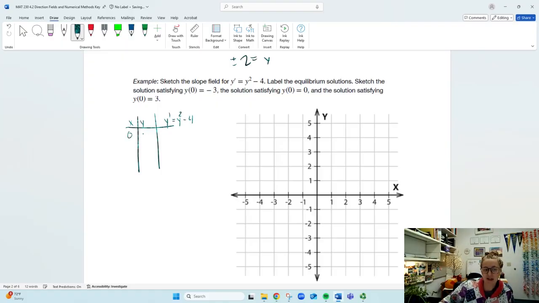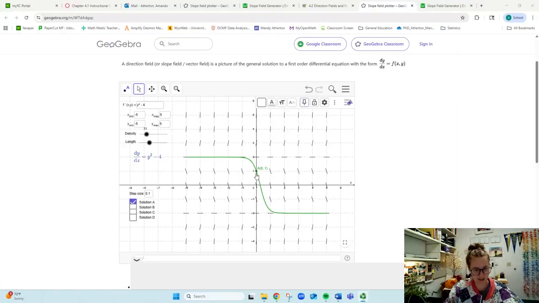So if y is 4, then my y prime is going to be 16 minus 4, which is super steep. So 12. So at 0, 4, this is going to be almost up and down. And that's going to happen no matter what my x value is. So it's going to happen all along here. And if I keep on doing that for all of my different y values, I will get a picture that looks like this.